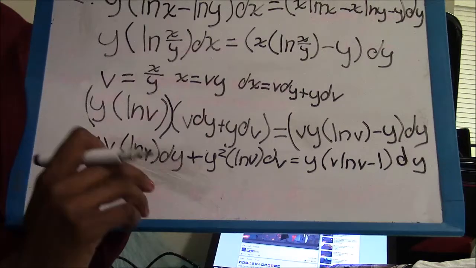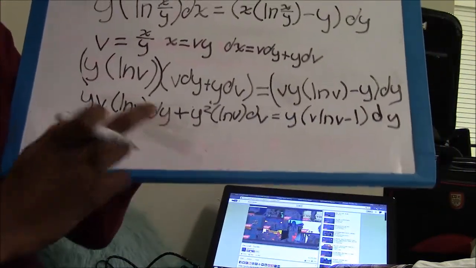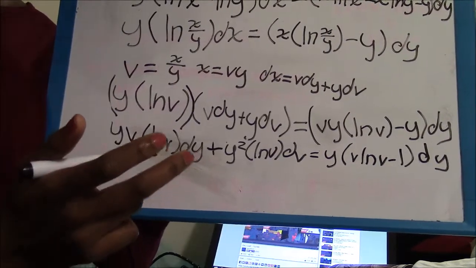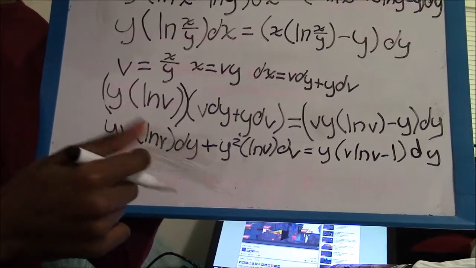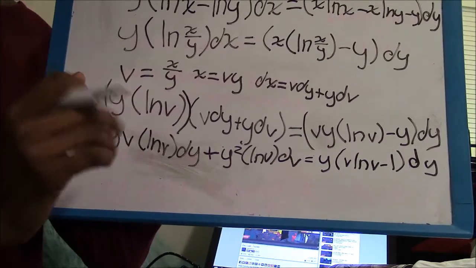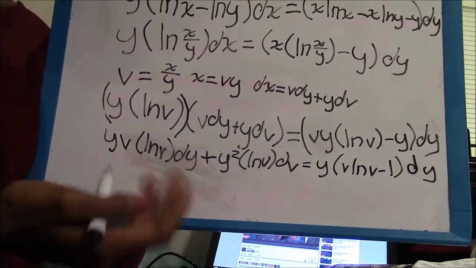Okay, so from this step, we have it pretty simplified, but we still want all of our dy's on one side and all of our dv's on one side. Why? Because when we integrate, we want to integrate with respect to y on the one side and with respect to v on the other side.